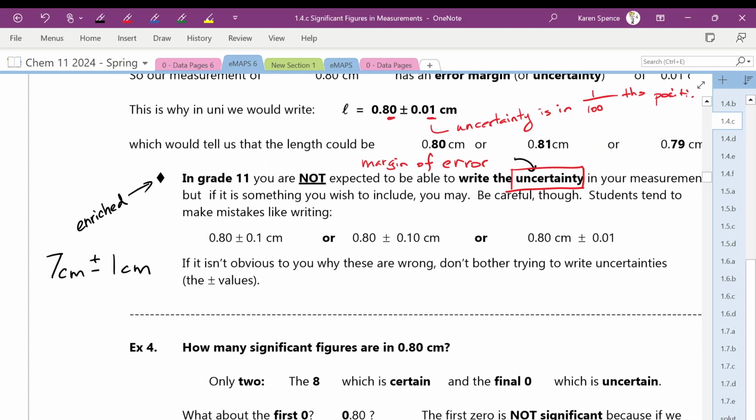If my measurement was 5.3 centimeters, my uncertain digit is the 3, so I could say plus or minus 0.1, because that is in the 0.1 position. Okay?